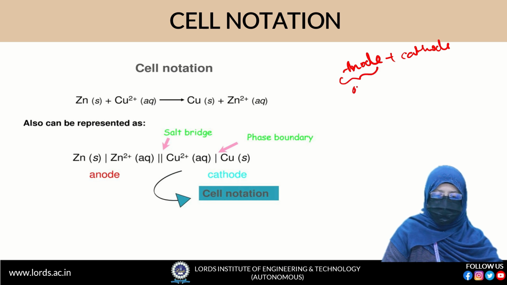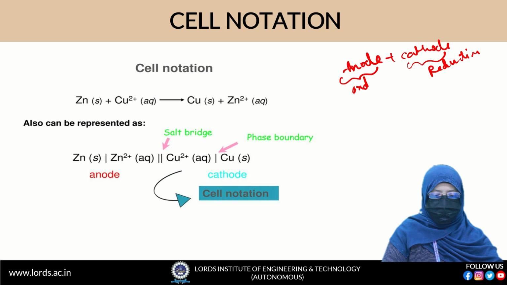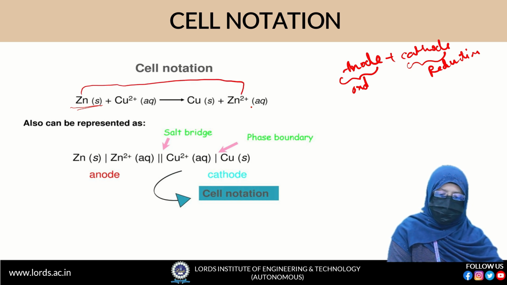Anode is where oxidation takes place. Cathode is where reduction takes place. So whenever we are writing the cell representation, how to represent that one? This is the overall cell reaction. In that overall cell reaction, Zn is undergoing oxidation, losing 2 electrons to form Zn plus 2, and copper is undergoing the reduction.